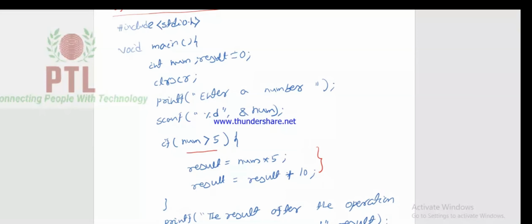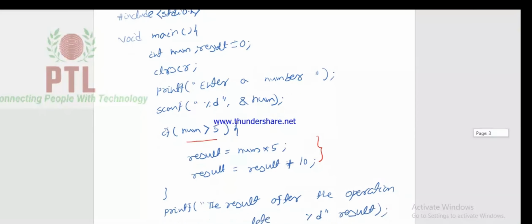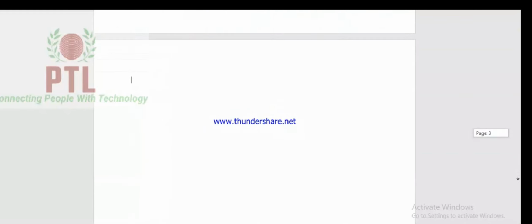Then I'm printing the result whatever I am getting post these operations. Fine. So this is all about if with multiple statements.